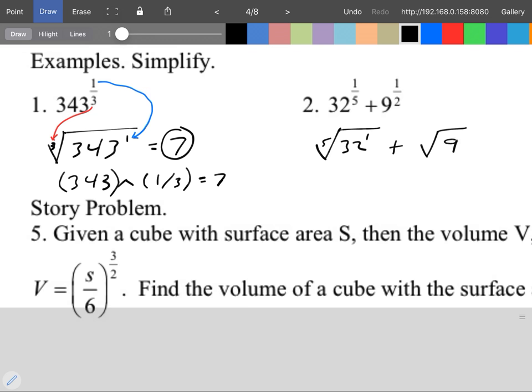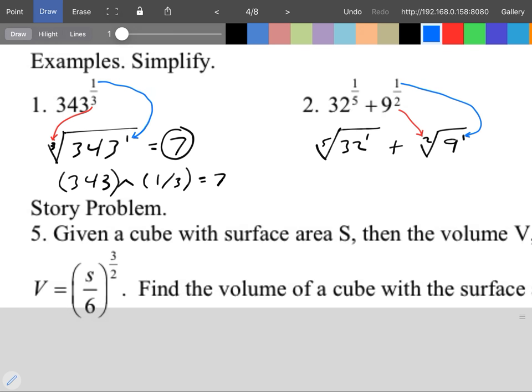And in this case, the index, the denominator of the fraction power, would be a 2. And again, since the numerator of the fraction power is a 1, I'm just going to go ahead and put that inside the radical. Like that.